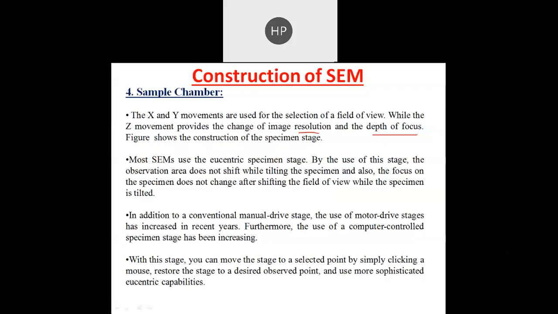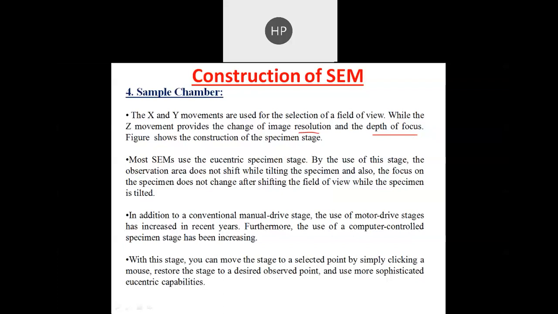And most SEMs use the eucentric specimen stage. By the use of this stage, the observation area does not shift while tilting the specimen, and also the focus on the specimen does not change after shifting the field of view while the specimen is tilted.